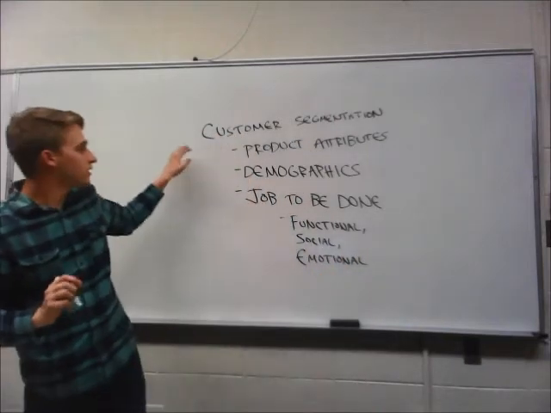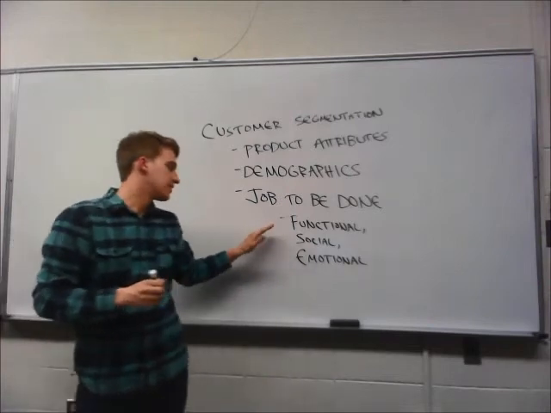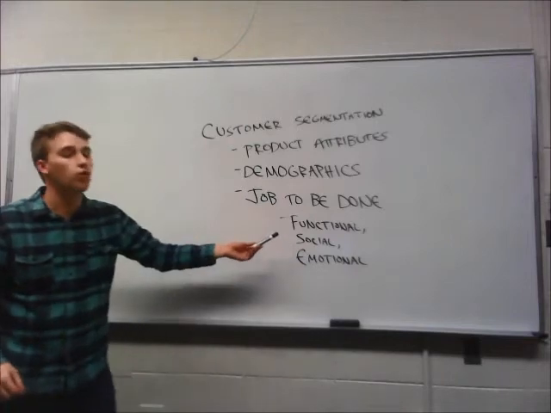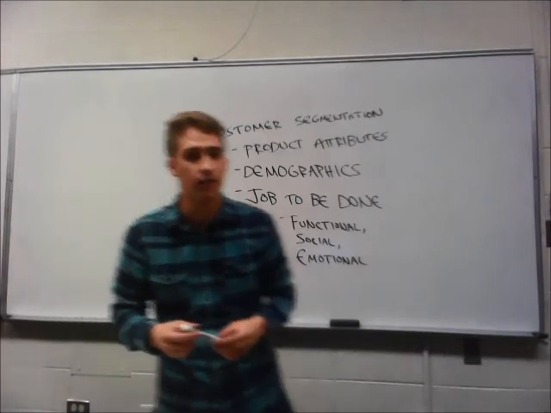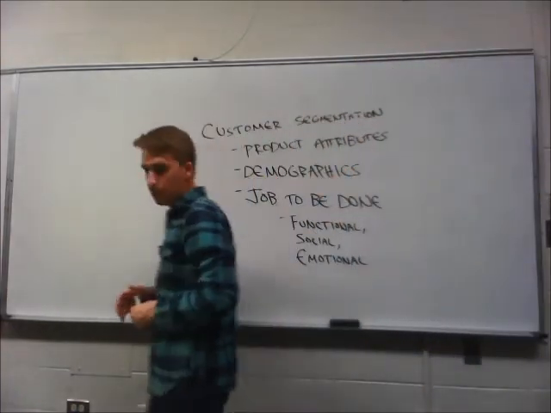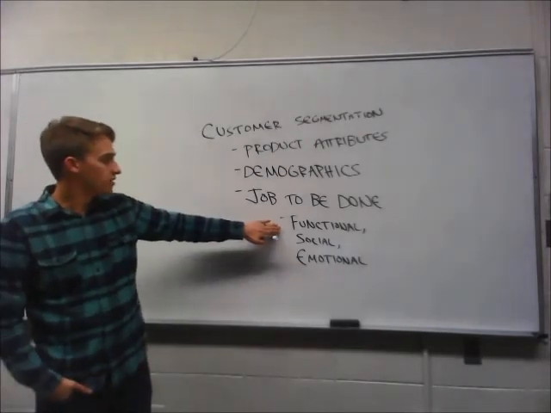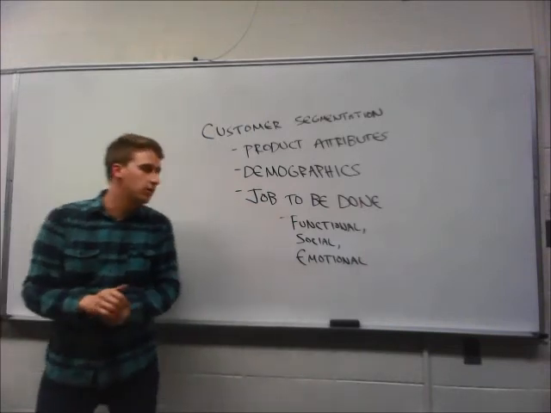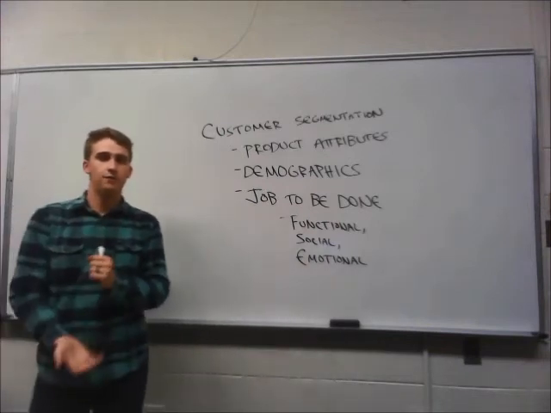Okay, so each product or service that people purchase, he says, has a functional, a social, and an emotional job. I guess functional or social or emotional, and they could have multiple ones, or they could just have one of them. If we stick with our car example, people who purchase a car for a functional purpose want good gas mileage, or want it to fit in their parking spot.